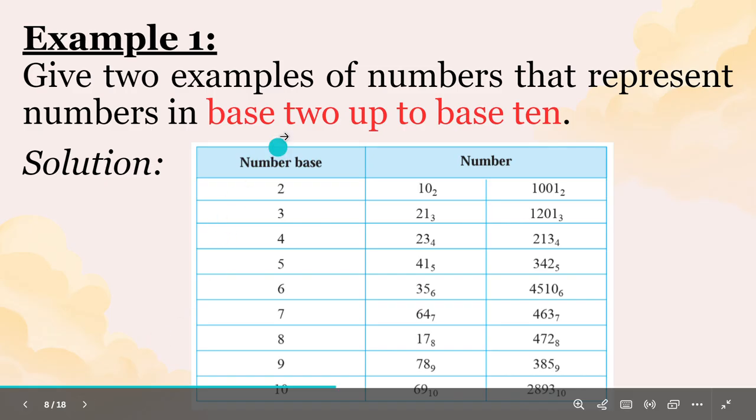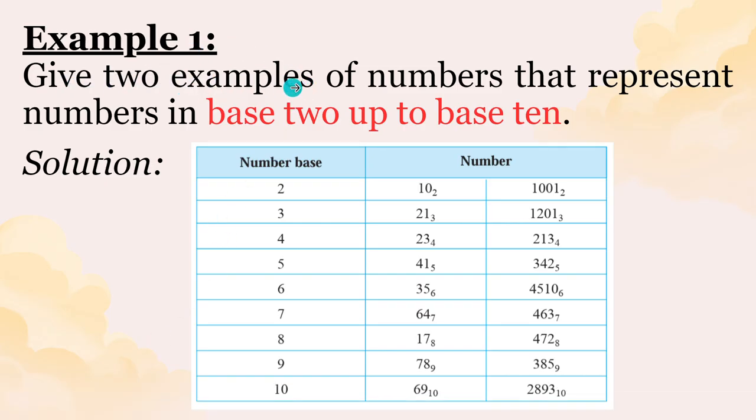Next, I will explain an example. Give 2 examples of numbers that represent the numbers in base 2 up to base 10. This is the solution. Just now I said that in number bases, the digit does not exceed the number base itself. So the example for base 2 is 10 base 2. The digits 1, 0 do not exceed 2, the base itself.